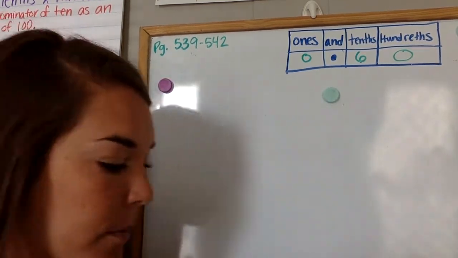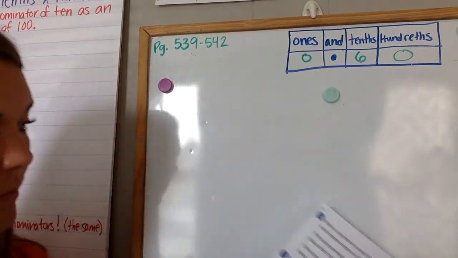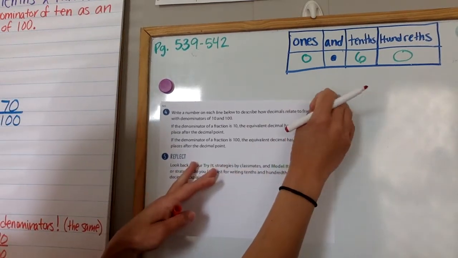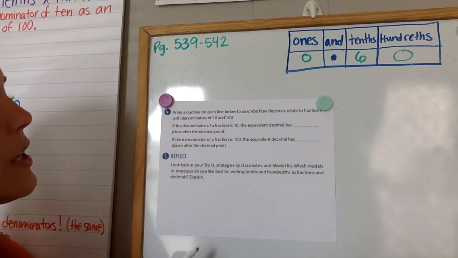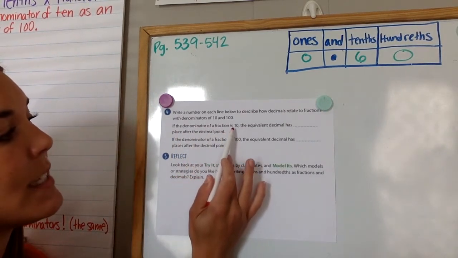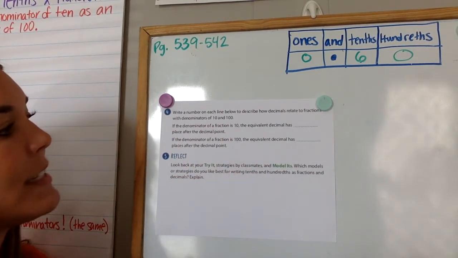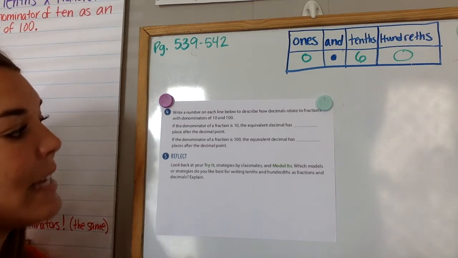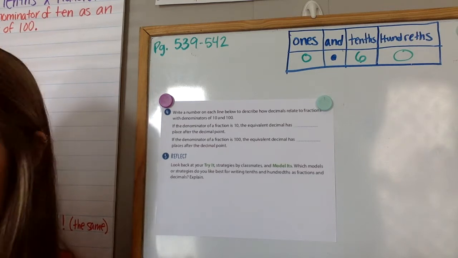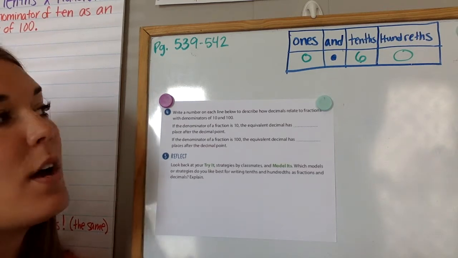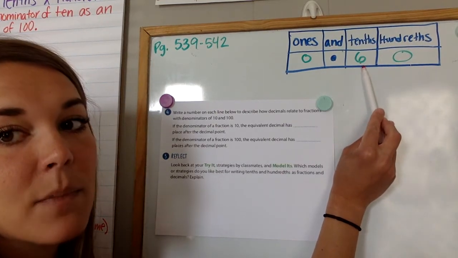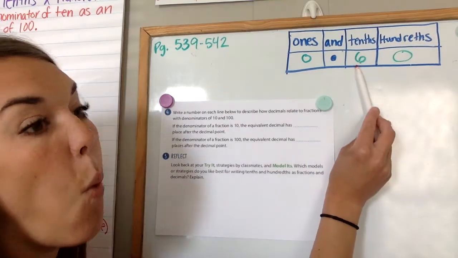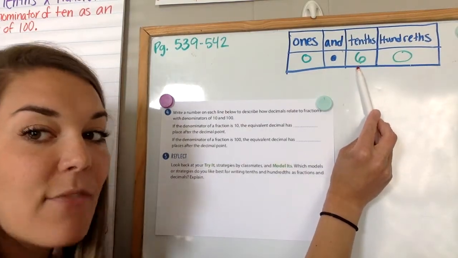Look at number 4. Write a number on each line to describe how the decimals relate to the fractions. So if the denominator of a fraction is 10, the equivalent decimal has to be blank place after the decimal point. Okay, so if we're talking about tenths here, guys, the number is going to be 1 place after the decimal.